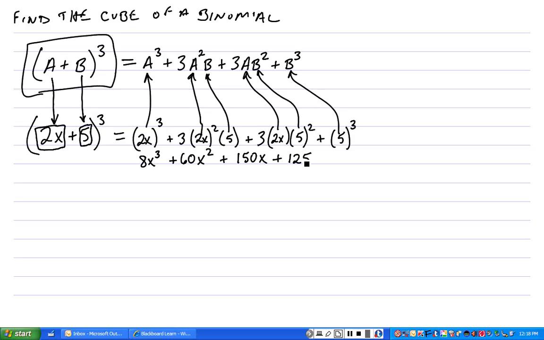So again, if you were given the problem (2x + 5) all cubed, you would get 8x to the third minus 60x squared.